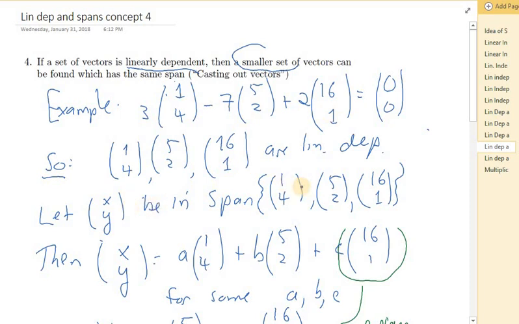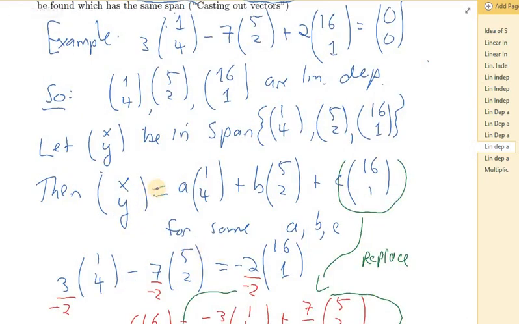Now, let (x, y) be in the span of these 3 vectors. That means that (x, y) equals a times (1, 4), plus b times (5, 2), plus c times (16, 1). But I can express this (16, 1) as a linear combination of (1, 4) and (5, 2).